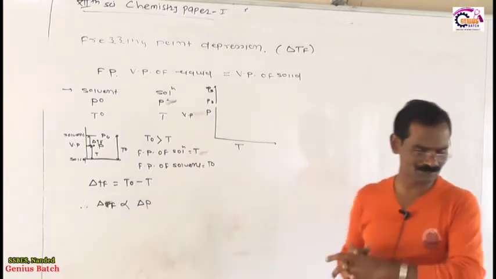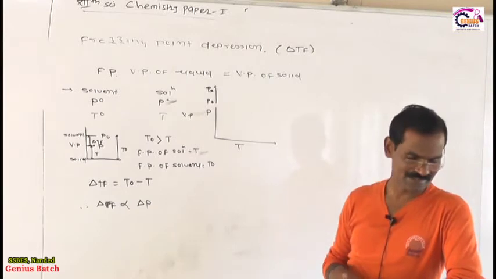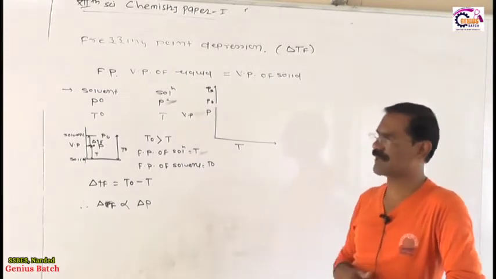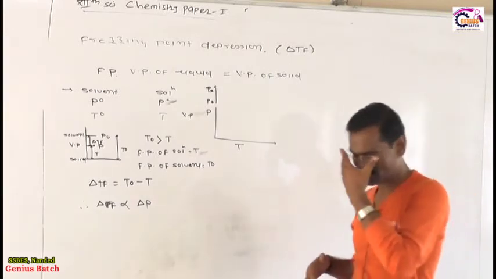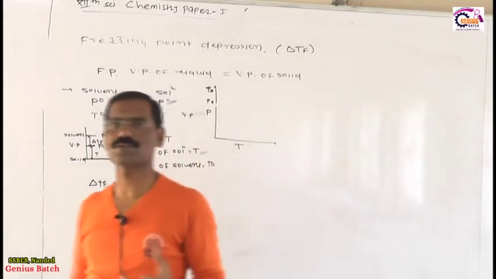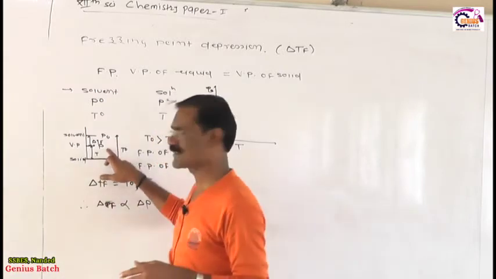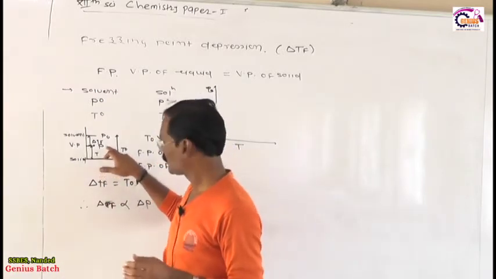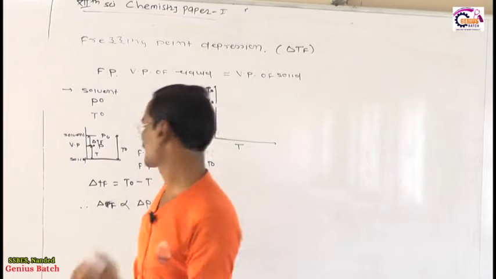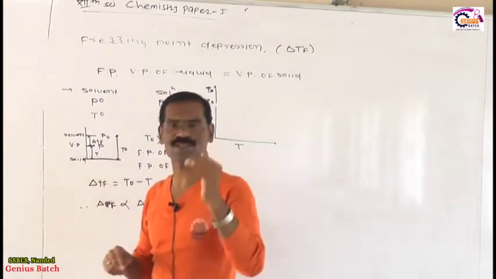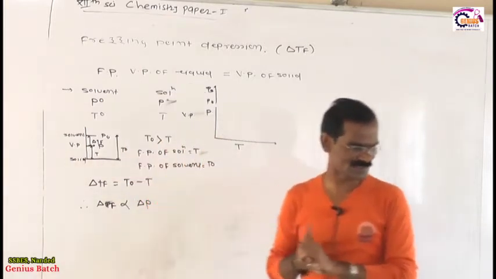Now, dear friends, listen, another direct consequence is the lowering in freezing point. Why does the freezing point lower? Because when a non-volatile solute is added to a volatile solvent, the vapor pressure of the solution decreases. So the vapor pressure of the solution is already less, and the vapor pressure of the pure solid is also less.